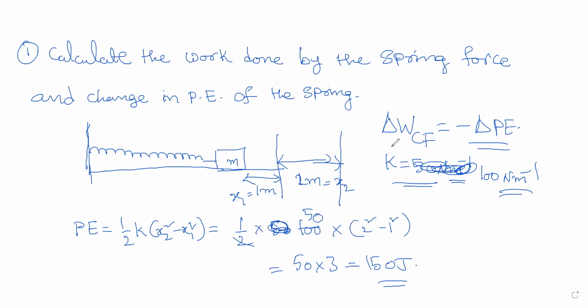And the work done by the spring force, delta W, is the negative of the potential energy change. So that is negative 150 joules. Based on this, the options can be interchanged and they can give you, so at the end of the day, you should not get confused with that.